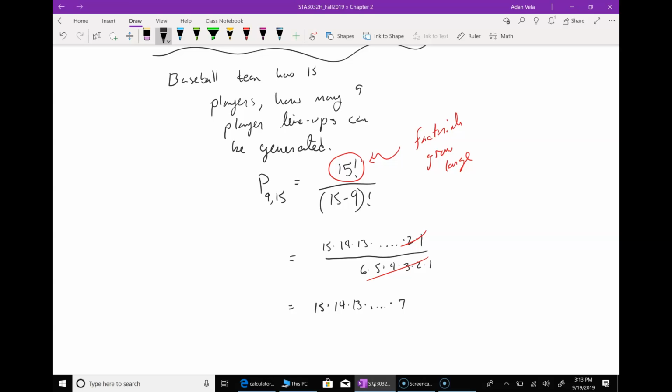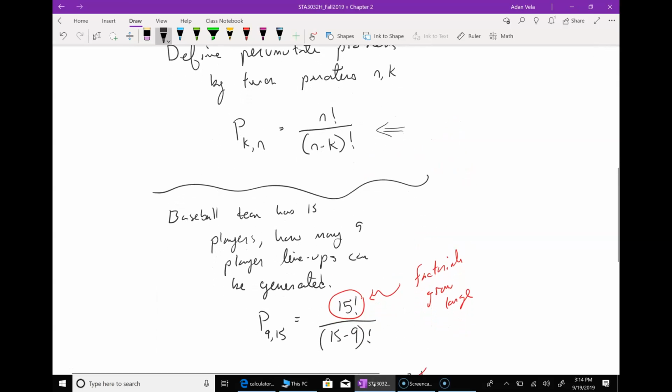So just be careful if you're using some sort of combination or permutation calculator, and you're trying to do it, let's say in Excel, you actually tried implementing this equation here. This is a bad idea, okay?